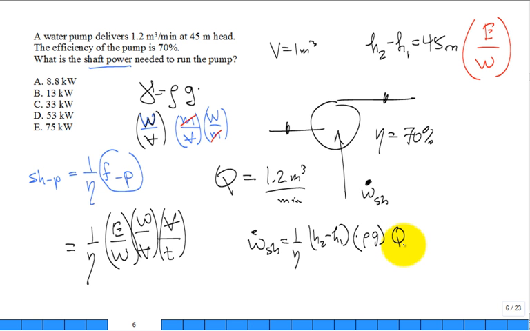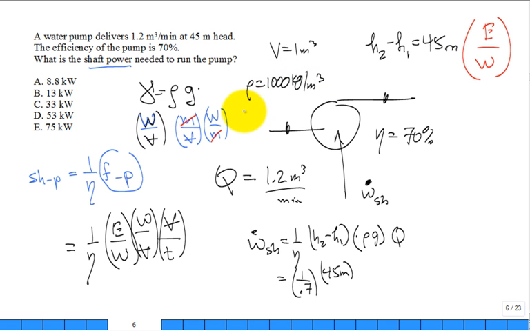Your mind may work different than mine. And I'm trying to re-establish something that we did a long time ago in this class. But we have 1 over 0.7 times 45 meters. Now, rho G. You solved a couple problems before. Everybody remembers rho of water is 1,000 kilograms per meter cubed.